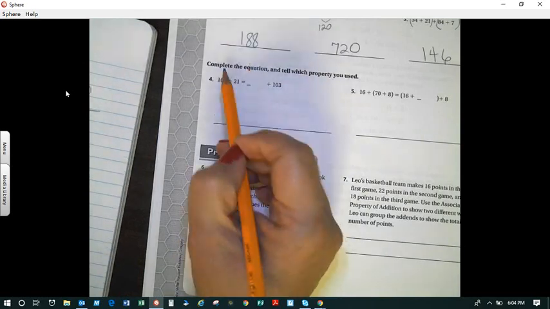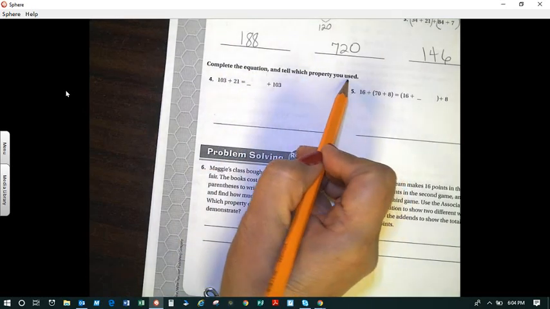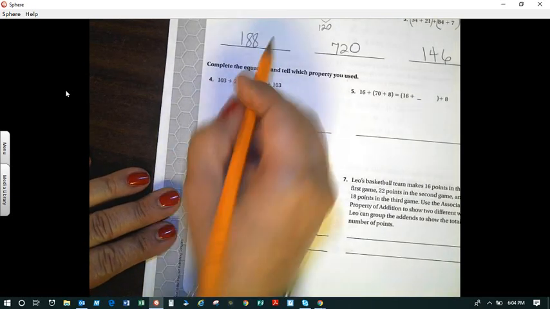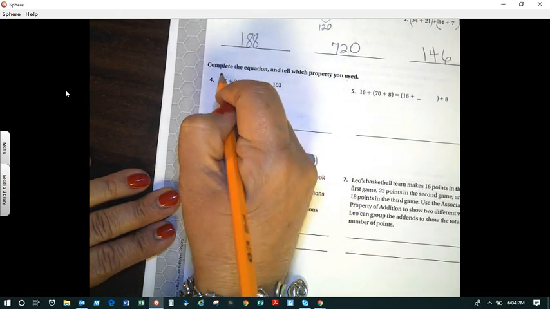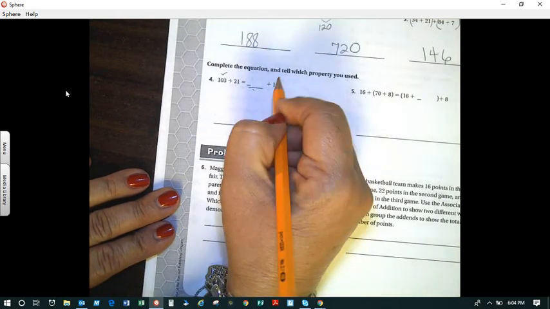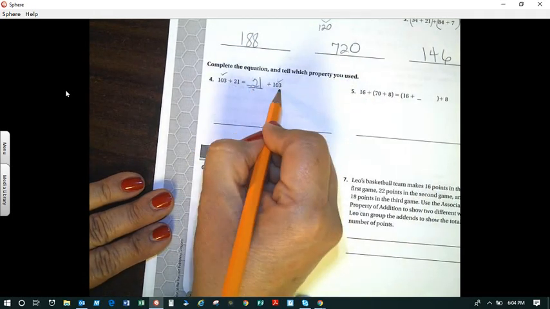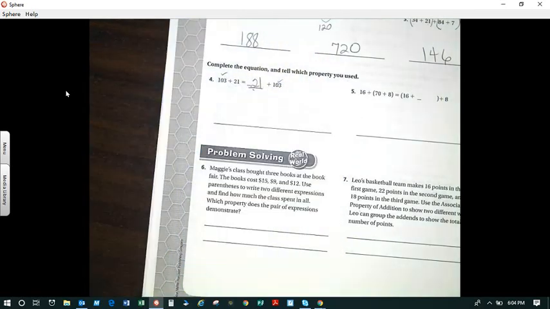Let's look over here. It says to complete the equation and tell which property you used. All right, so I have 103 plus 21 will be the same as something plus 103. So it'll be 21 plus 103. So all I did was switch the positions of the numbers.